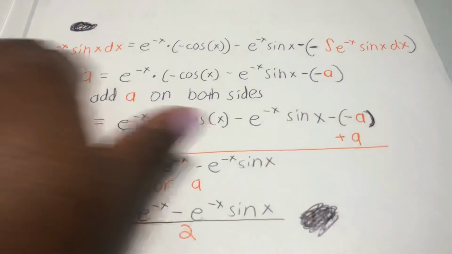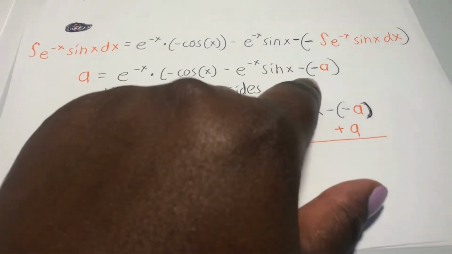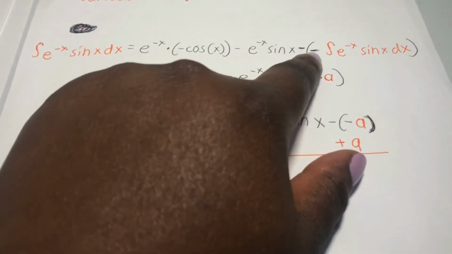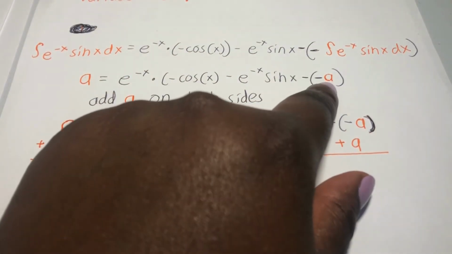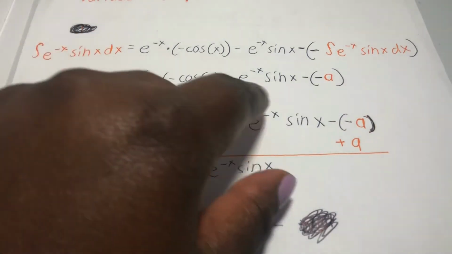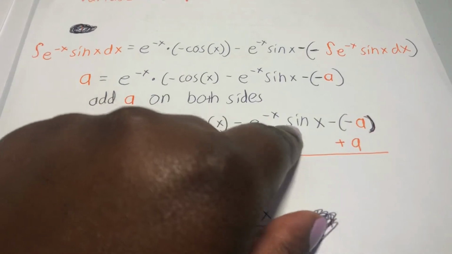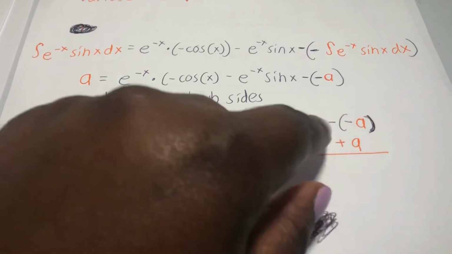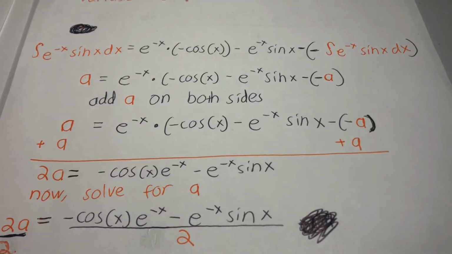Don't change the equation completely, but just tweak it. For example, I tweaked it such that these two negatives could be a positive, but I kept it as two negatives because I want to add this to this side, and then when I add it to this side and subtract it from here, it'll just be sine x minus 0, and something minus 0 is just that same thing. You know what I'm saying? So yeah, just something to keep in mind.